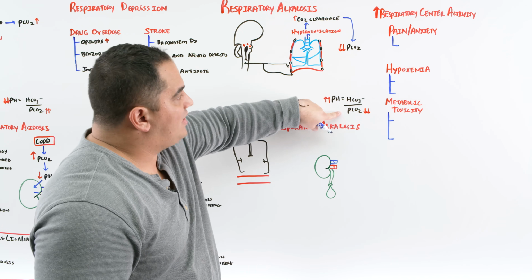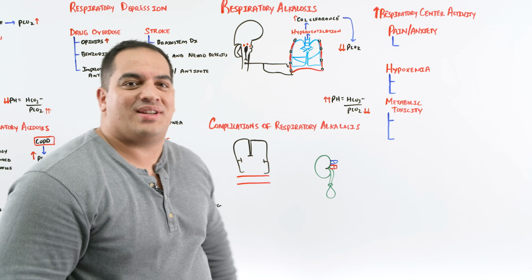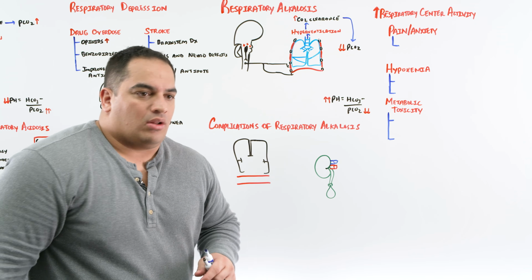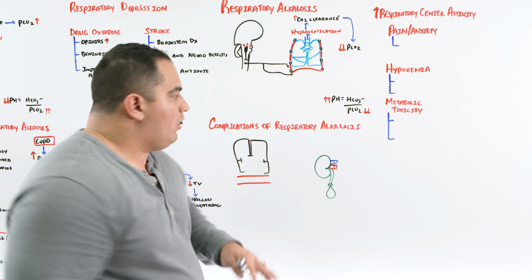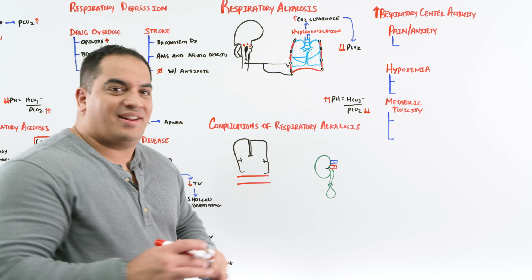The concept of how my CO2 drops is that I'm hyperventilating, so there has to be some type of respiratory center hyperactivity. We'll talk about what those are in a second. When a patient has respiratory alkalosis, what could be the complications? Well, remember I told you before that it was actually more affecting the cerebral vessels.